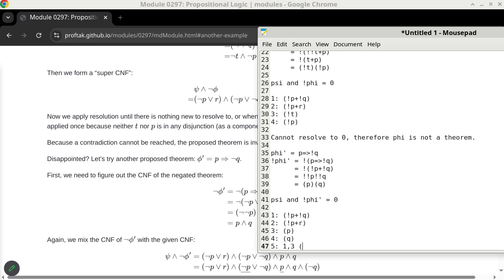And the result of the resolution is going to be just not Q. So I'm going to pause right here and see if you guys can see that the resolution between expression 1 and expression 3 results in expression 5. Are we good with that? We good? Okay.